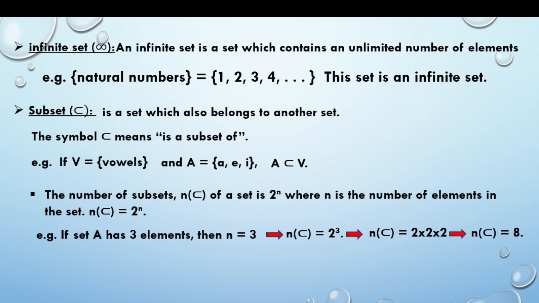So this means that if a set has 3 elements in it, then there are 8 subsets of that set.